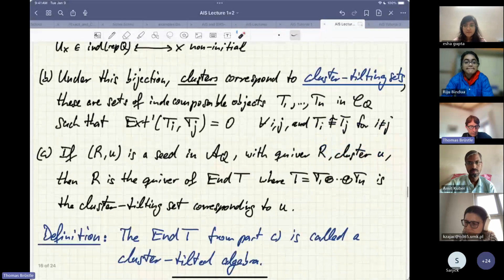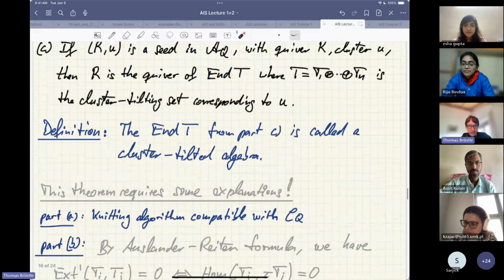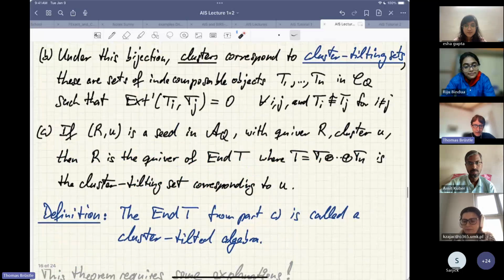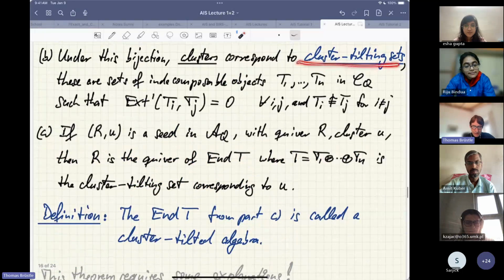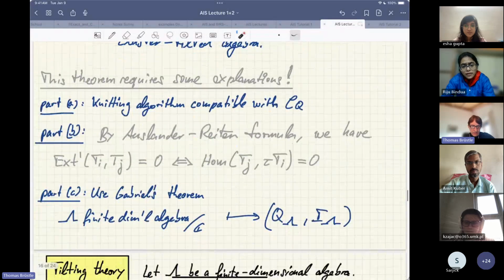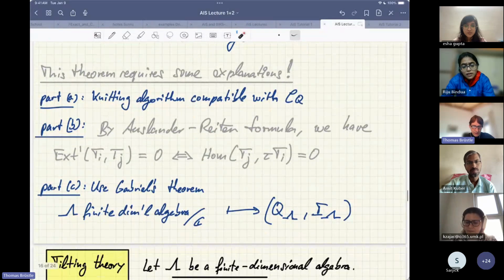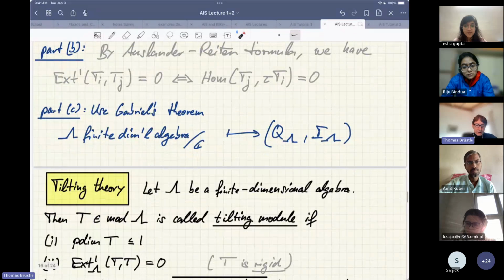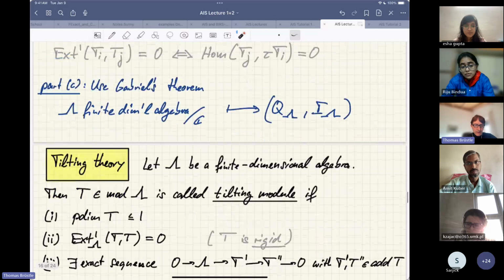Before we talk about cluster tilted algebras and cluster tilting sets, the whole notation is motivated by tilted algebras and tilting modules.